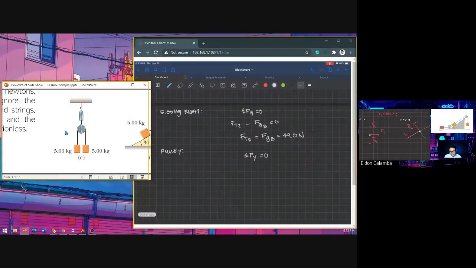So you have Fs minus Ft1 minus Ft2 equal to 0. So Fs just equal to Ft1 plus Ft2. So that is just 49 newtons plus 49 newtons. So Fs natin, reading sa ating spring scale, is 98 newtons. That's our answer for letter C, for this Atwood's machine.